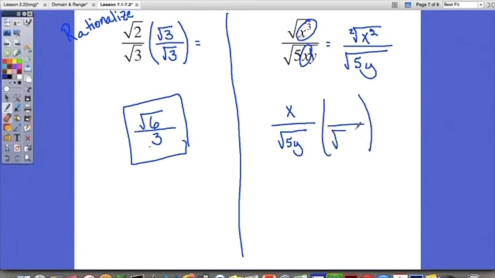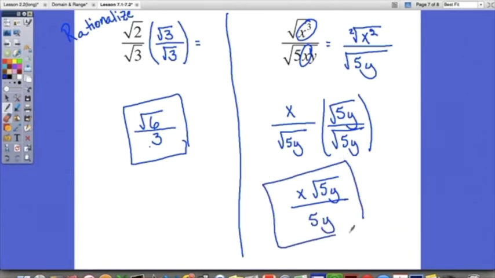So I'll multiply by square root of 5y. So x square root of 5y over 5y. Now, like I said, you'll save yourself a lot of time and a lot of energy if you make sure to simplify first. Now, technically, you'll get the same thing regardless, but it will save you some time and energy.